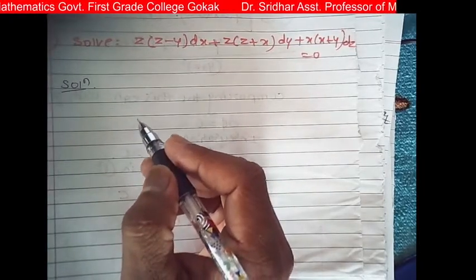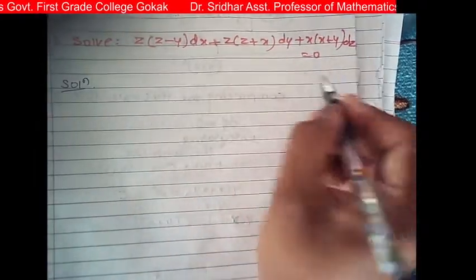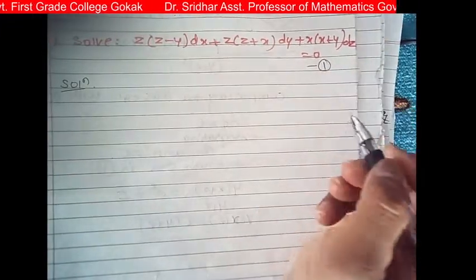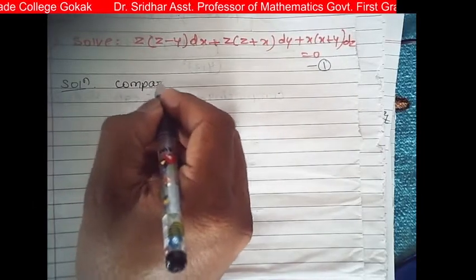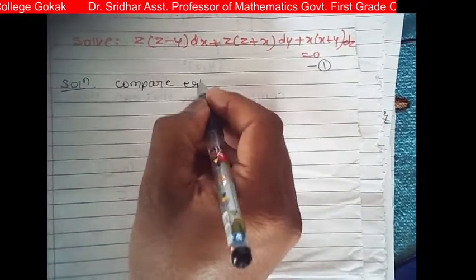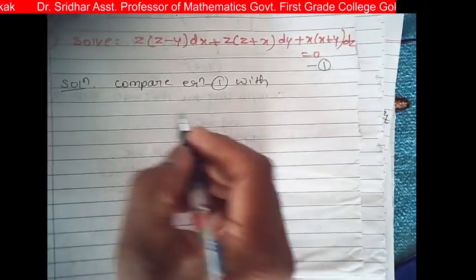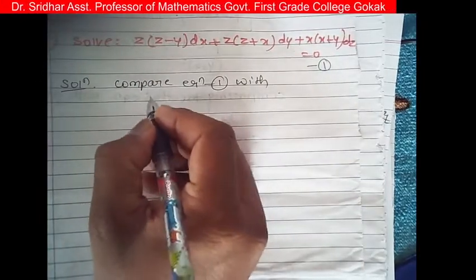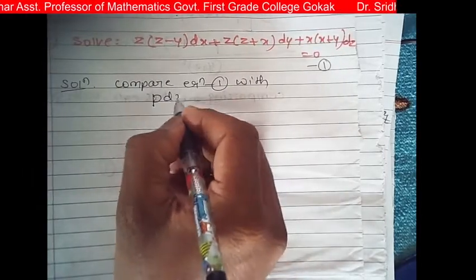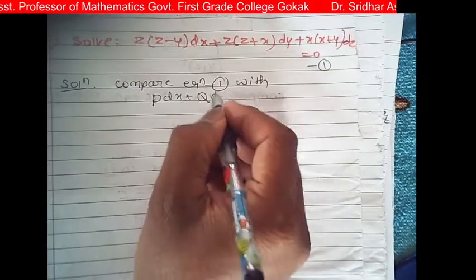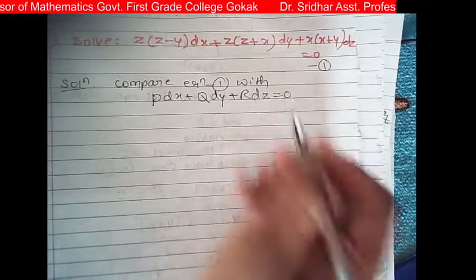Again here what we do, we compare the given equation. So call this equation as 1. We compare equation 1 with the standard equation, that is P dx plus Q dy plus R dz equal to 0.